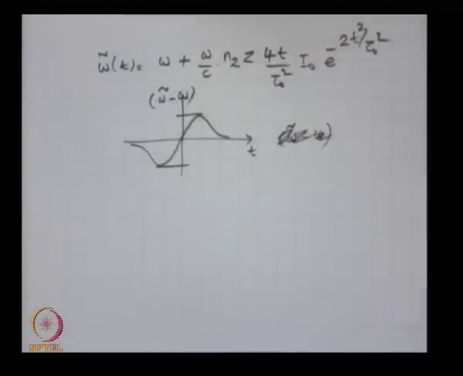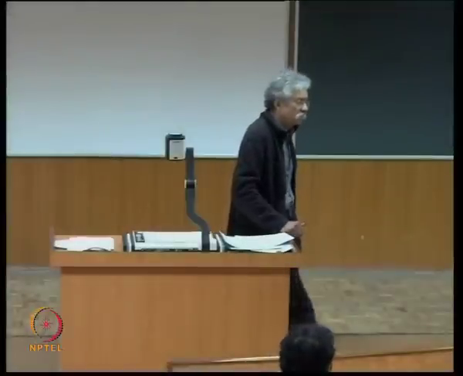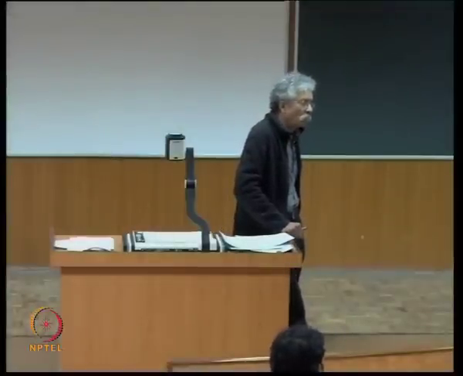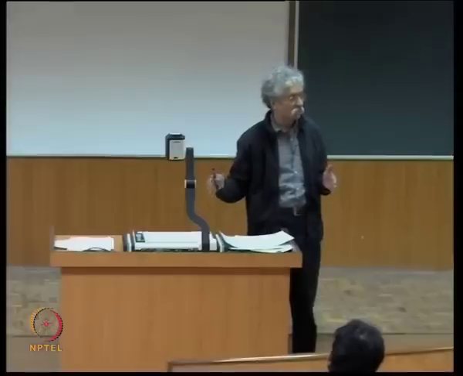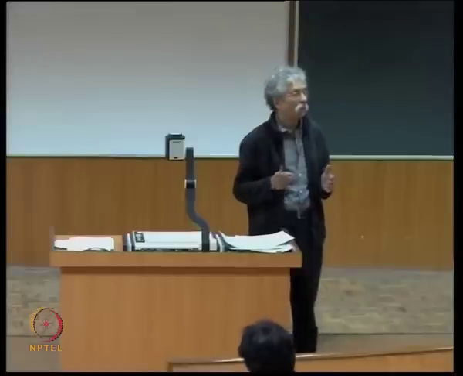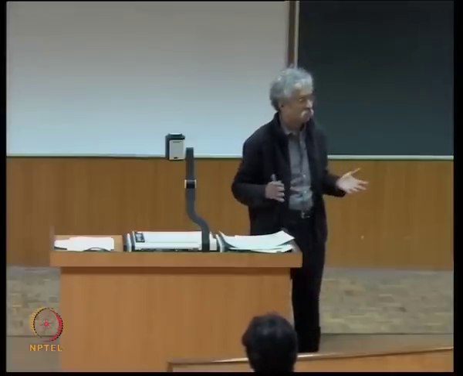Instantaneous frequency is really a measure of the spectral width of the pulse. No. The spectral width of the pulse depends on tau naught, the actual width of the pulse in the time domain. That is for a Fourier transform limited pulse, always.